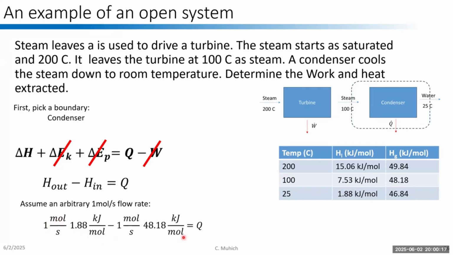Given 1 mole of H2O per second, I have a Q of negative 46.22 kilojoules per second, or negative 46.22 kilowatts. So heat is coming out, and work is being done by this system. Okay, so this shows you how we can do energy balances on both open and closed systems.